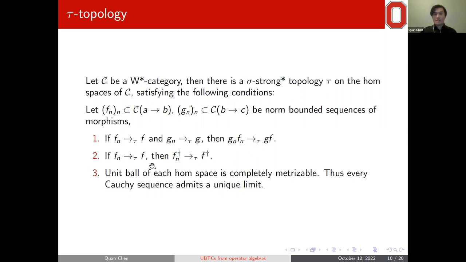Since we have a dagger category, it should play nicely with the dagger structure. So if F_n converges to F under the tau topology, then F_n dagger should converge to F dagger under the tau topology.